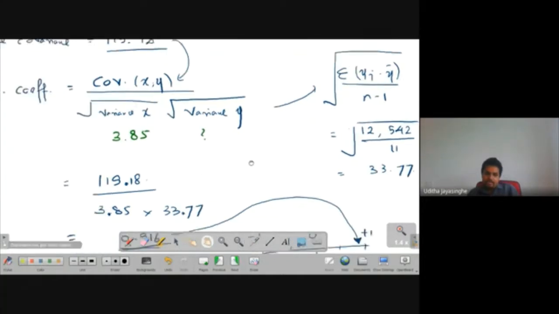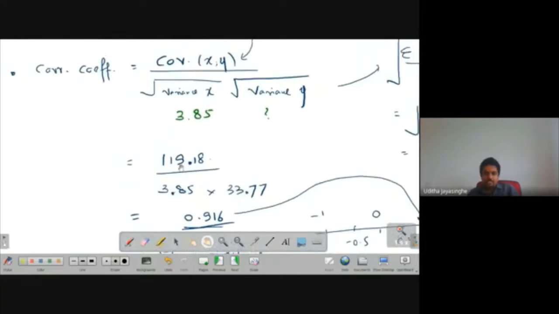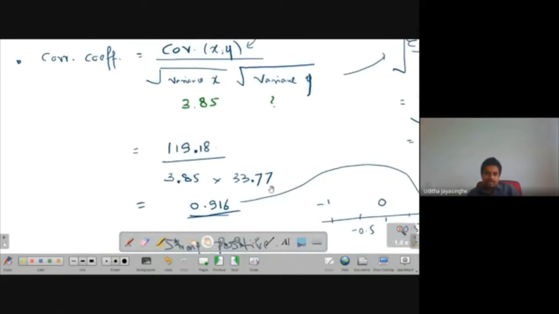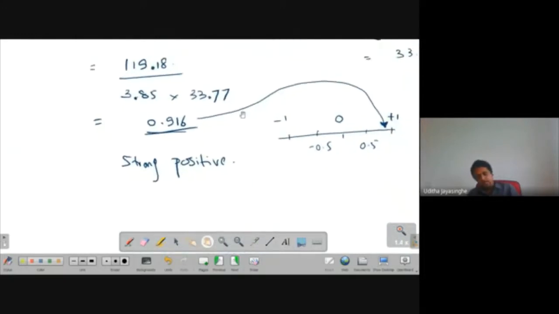Once I have those values, it's all about taking the calculator and plugging in the numbers: 119.18, 3.85, 33.77. And beautifully, I'm getting a strong positive correlation coefficient of 0.916. It's not perfect, right? If it is to be perfect, it has to be 1.